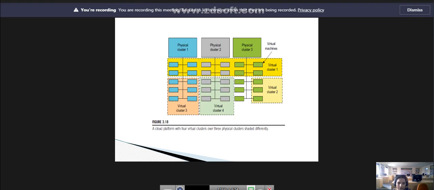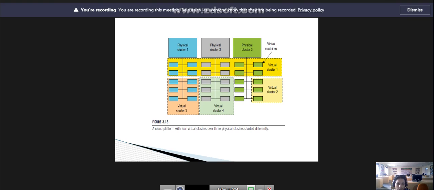If you see the diagram, we can understand this is the physical cluster and this is the virtual cluster. In the physical cluster we have a group of servers connected with each other through a network connection.